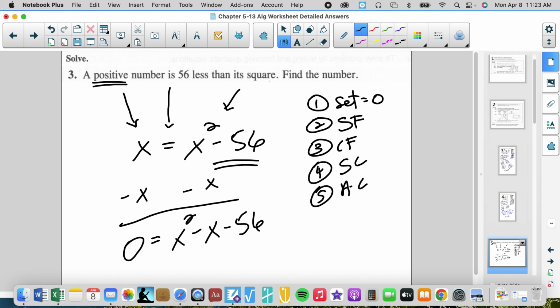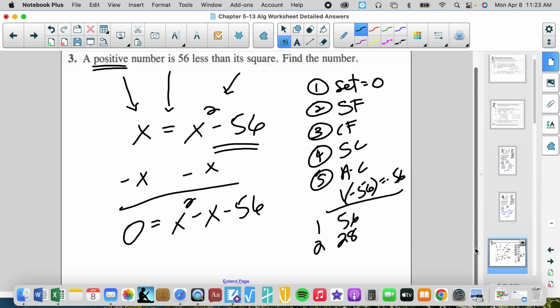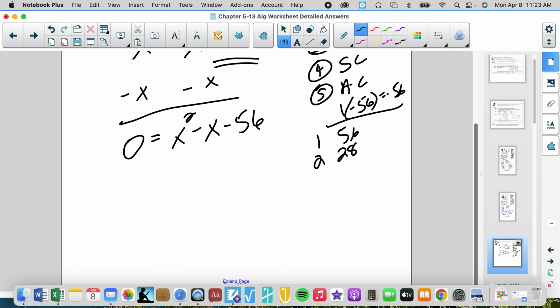A times C. A is 1, C is negative 56. 1 and 56, 2 and 28, 3 no, 4 and 14, 5 no, 6 no, 7 yes, 7 and 8. Good. Signs are different. Bigger's negative.